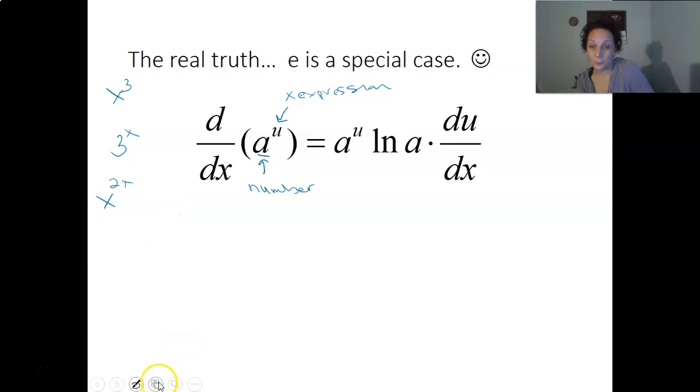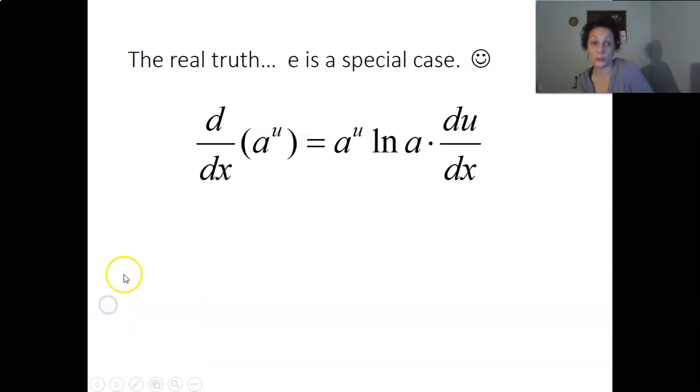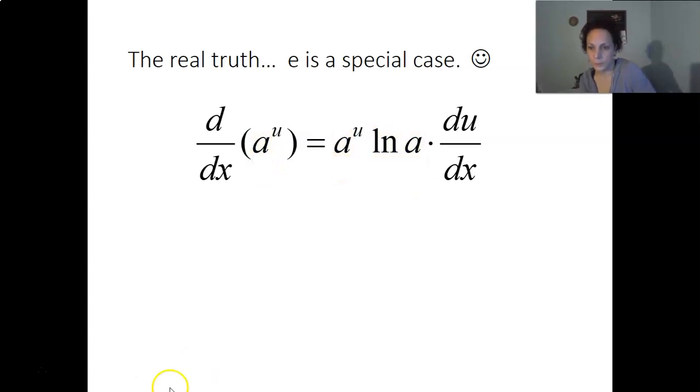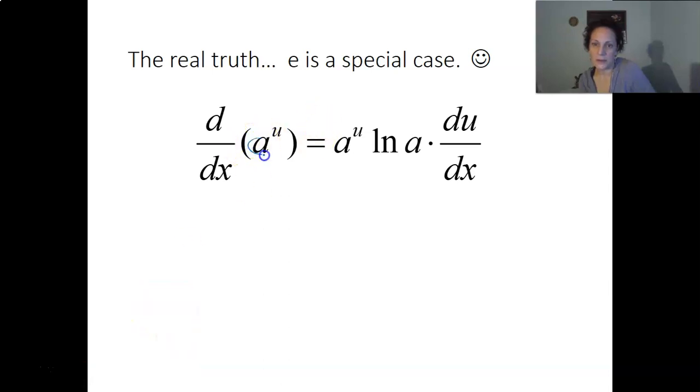Okay, so when you are about to apply this rule, the most important thing to make sure of is that you are applying the right rule to the right type of function. An exponential function would be anything where the base is a number, and then up here is where your x is.